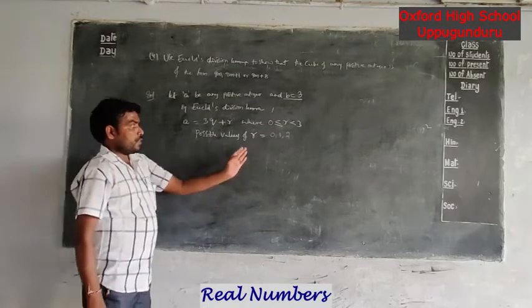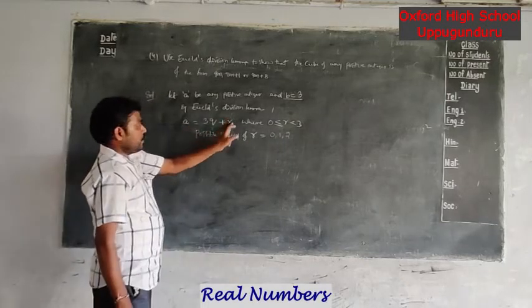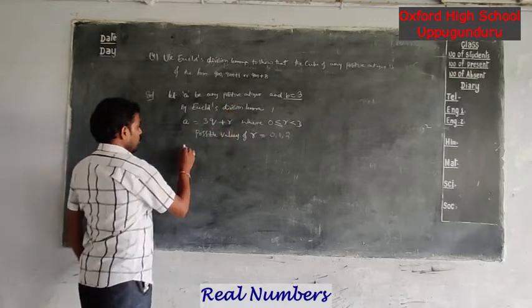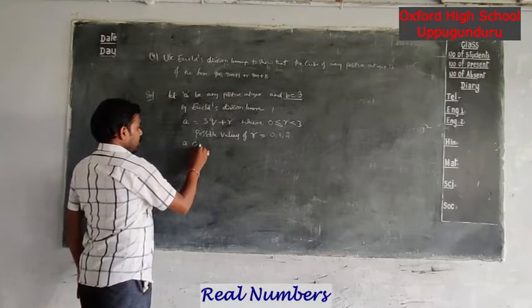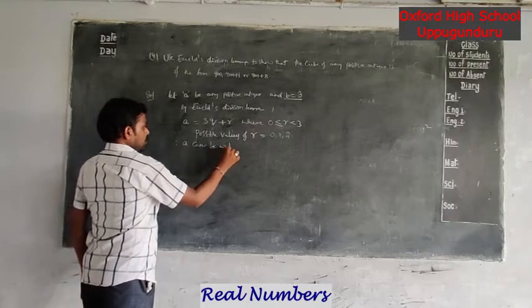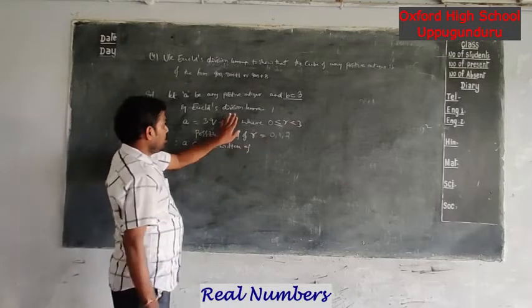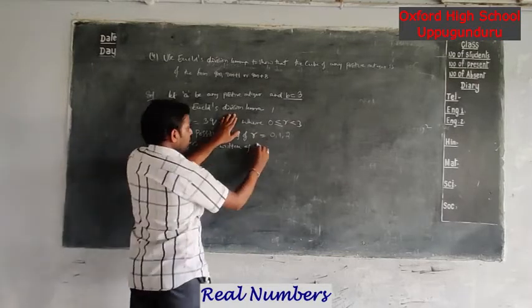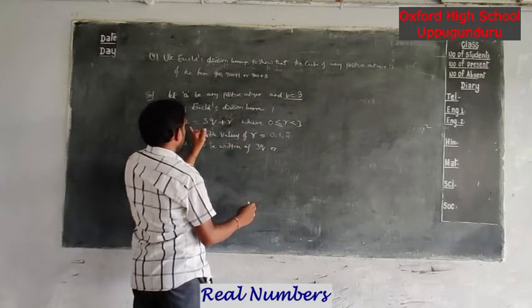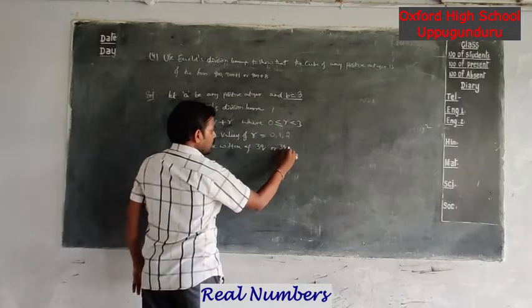So if the possible remainders are 0, 1, 2: when the remainder is 0, a becomes 3q. If the remainder is 1, the a value is 3q plus 1.